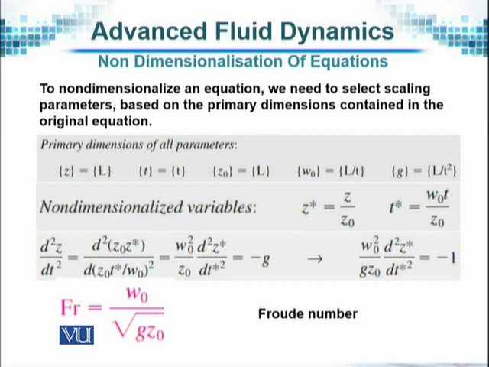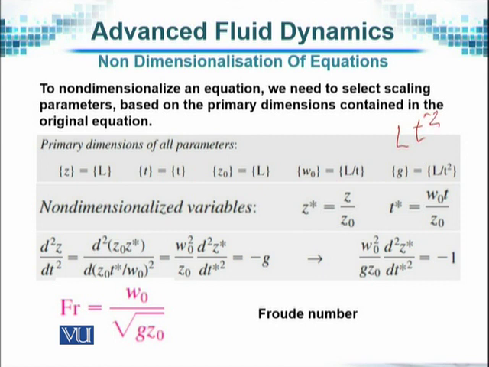The typical scaling parameter for velocity will be length over time. G, representing the acceleration due to gravity, will have the same dimensions as normal acceleration, so it has dimensions of L over t squared, sometimes also written as L times t to the power minus 2.